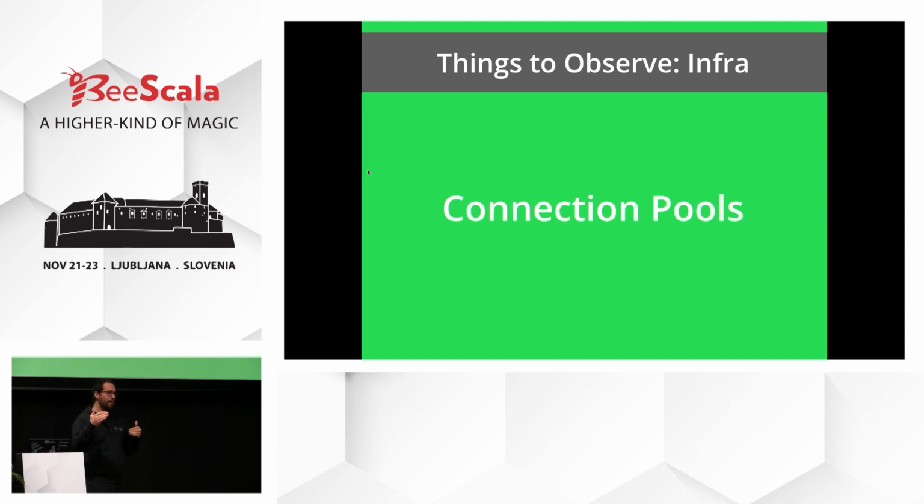Then connection pools. You will rarely have a service that does everything by itself. Usually it needs to connect to something else. That something else will usually be a database, be it a SQL database or a NoSQL database, or something else that you reach through HTTP. So if there is a connection pool, there is a limit. You don't have unlimited connection pools.